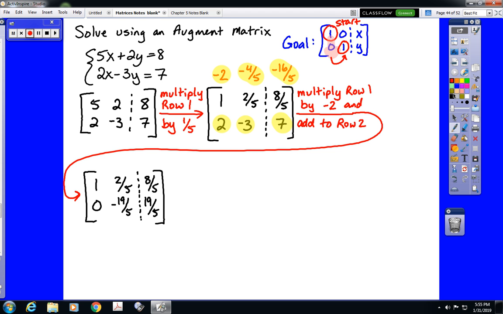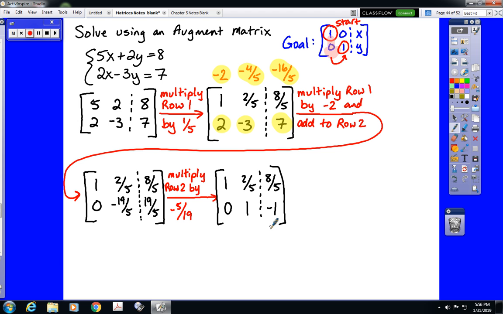To do that, we're going to multiply row 2 by the reciprocal of this number, which would be negative 5 over 19. The first row is still the same, and the second row is now 0, 1, negative 1.